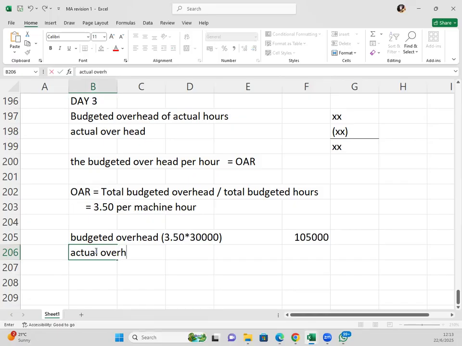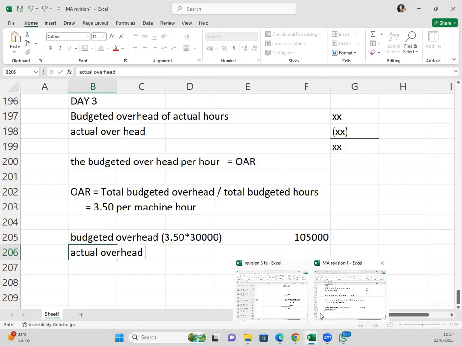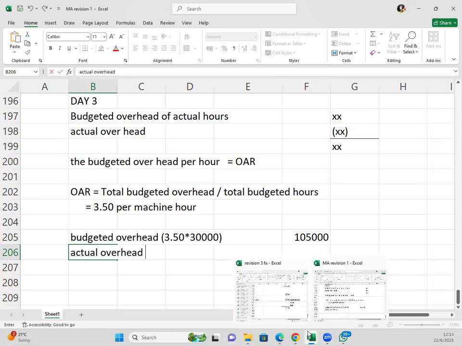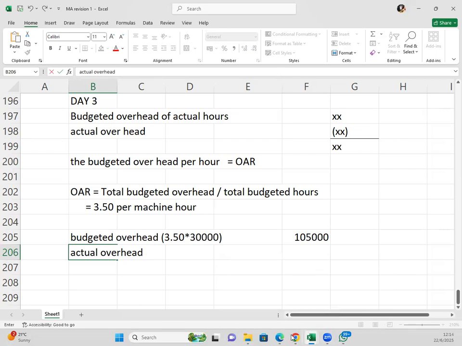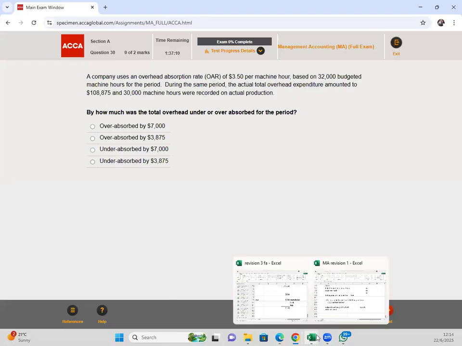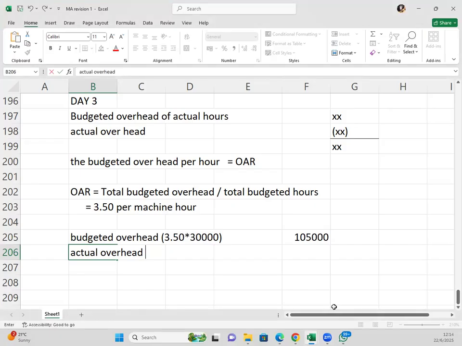The actual overhead we are told is 108,875. So that's our actual overhead.